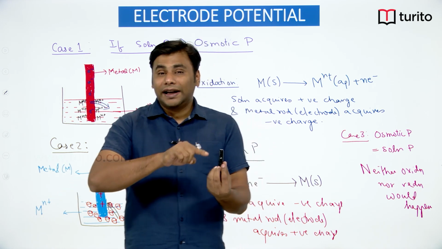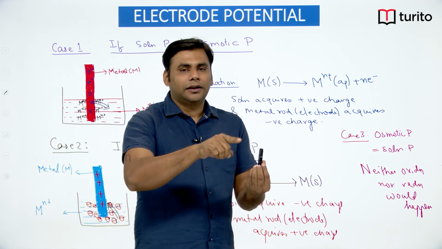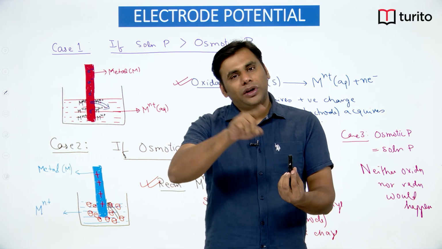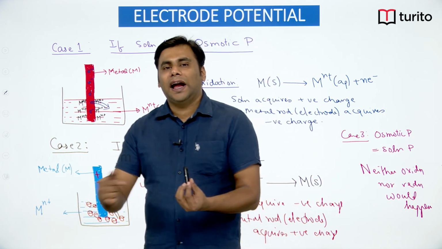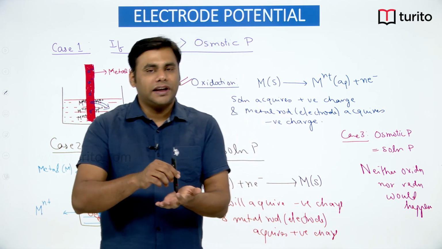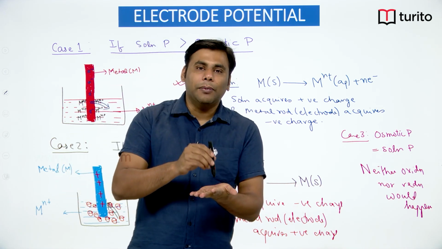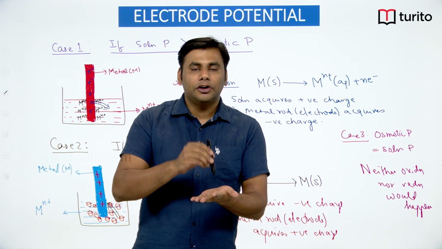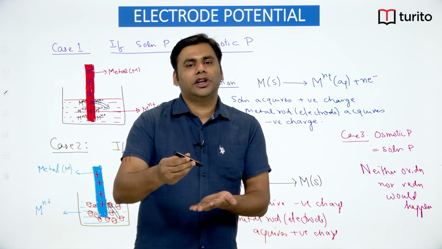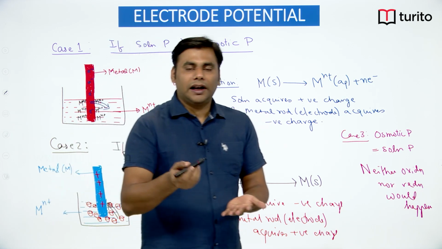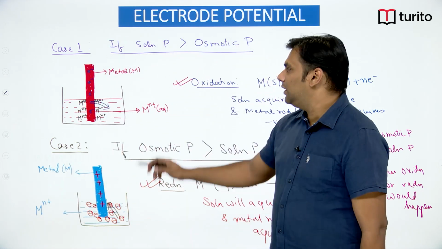If the tendency of metal to get oxidized is more than the tendency of metal ion to get reduced, we'll say that the metal will undergo oxidation. The metal present in the rod would change into metal ion, and that metal ion would enter into the solution.